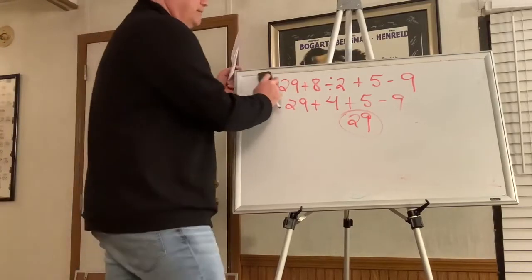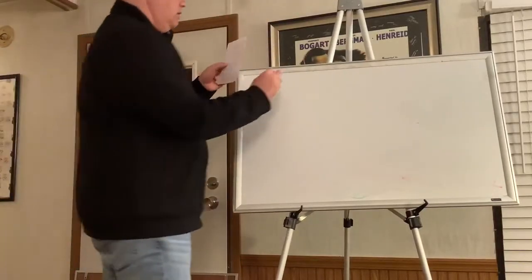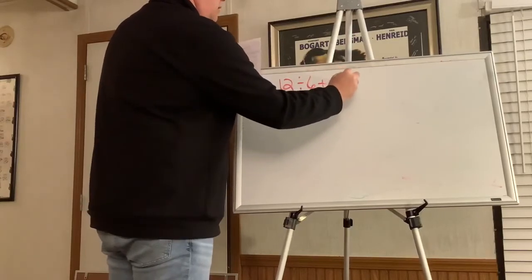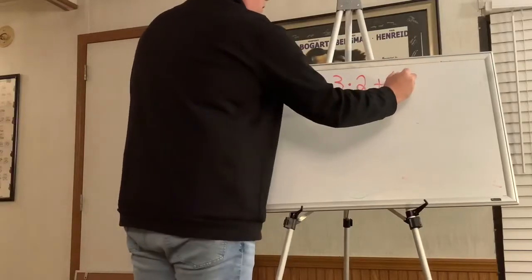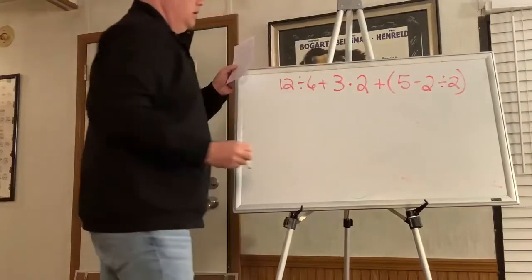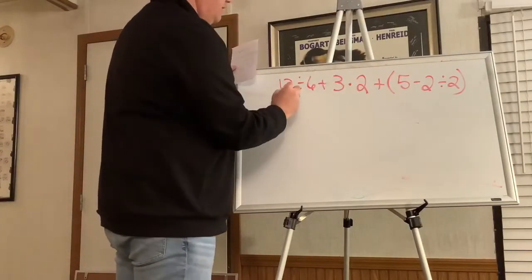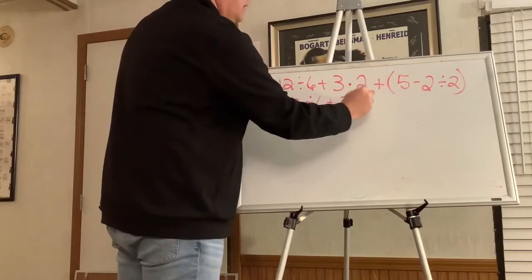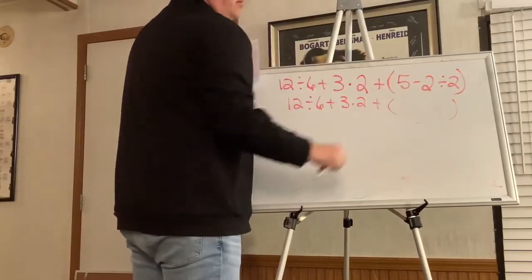Number 2. That one was here. Okay, so you got to do your parentheses first. Now I know some of you guys may have already started out here, but to keep it uniform, you need to do your parentheses first.